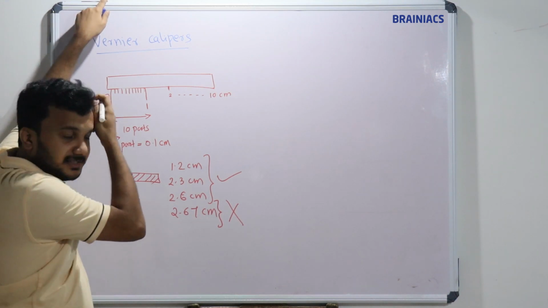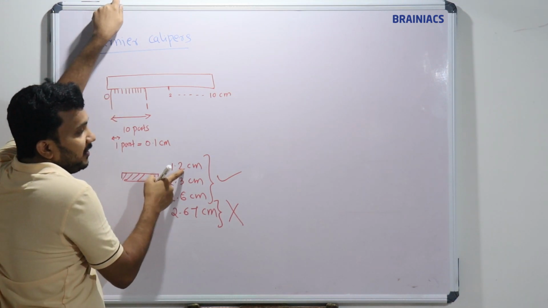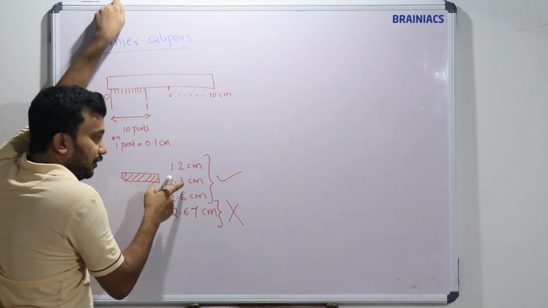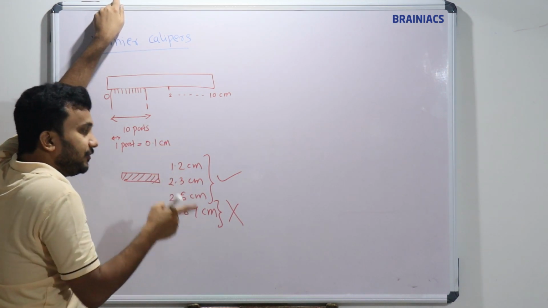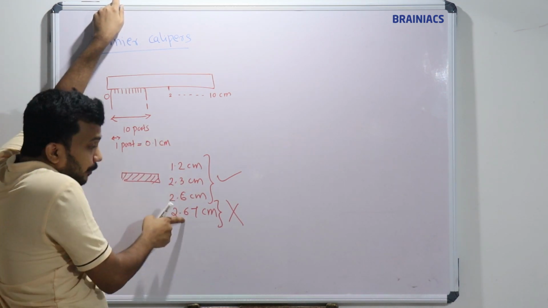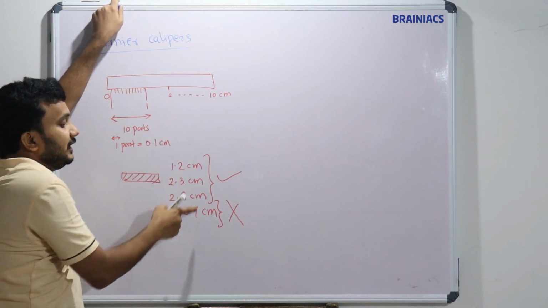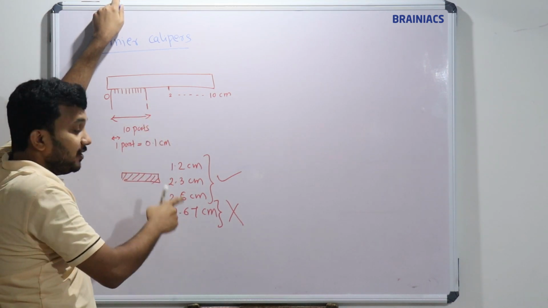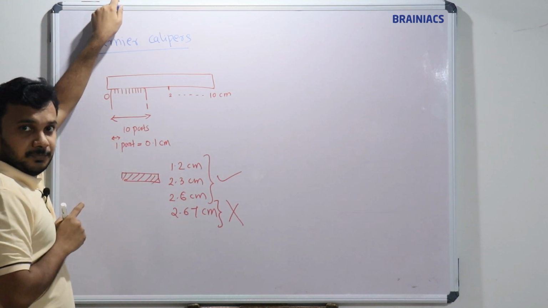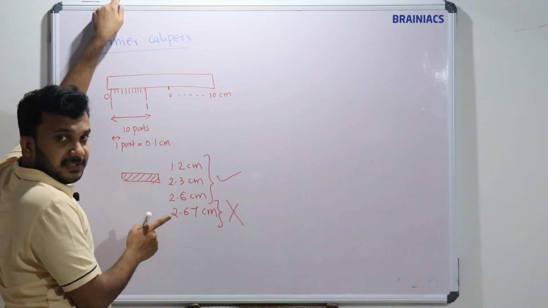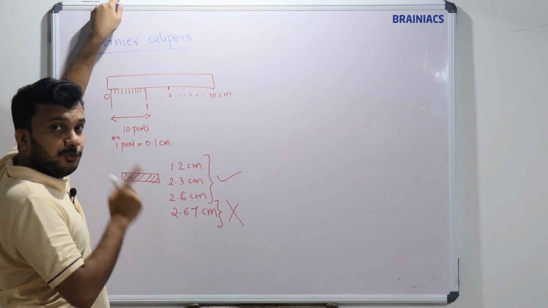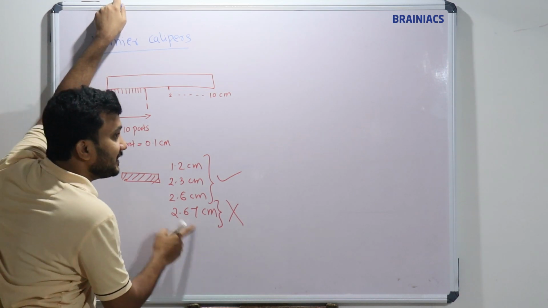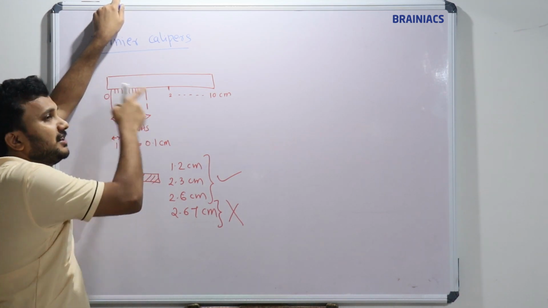Why? Because this instrument gives one decimal place accuracy, which means 0.1, 0.2, 0.3, 0.4, 0.5, 0.6. After 0.6, this instrument will give 0.7. This instrument will never give you an accuracy of 0.67. So measuring 0.67 with this device is very difficult.